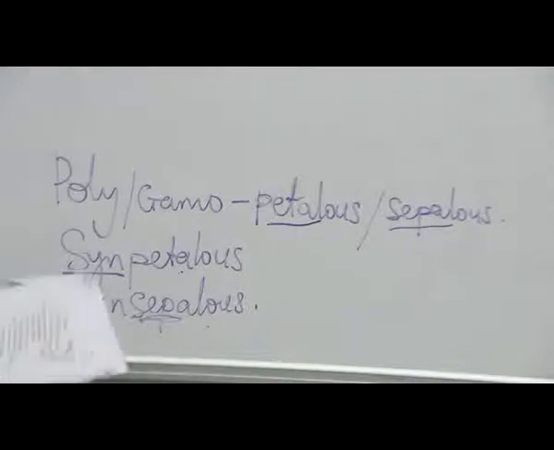So let's now answer the question. Answer to number 6, which is a sympetalous flower has A, calyx free, B, corolla free, C, petals fused, D, sepals fused. From the explanation given, answer is C, petals fused. So option C answers the question.